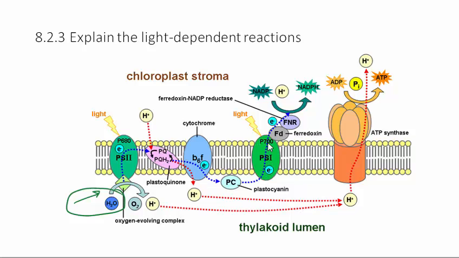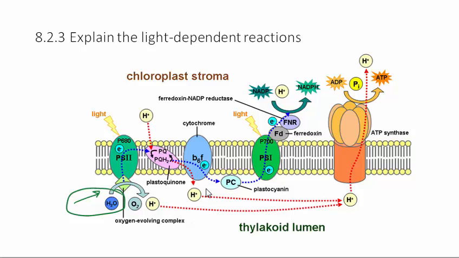It excites the electrons to that point, and the ferredoxin, which you don't need to know, accepts the electrons, and it wants the electrons more than the chlorophyll does. Eventually, these electrons are accepted by NADP+, which becomes NADPH. It accepts the electrons most readily.